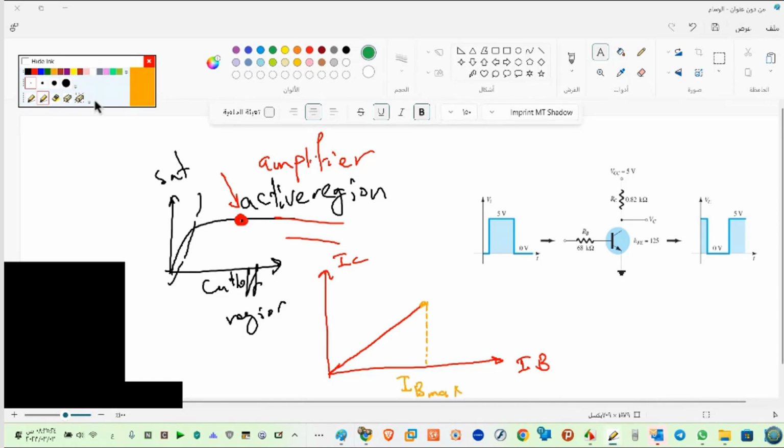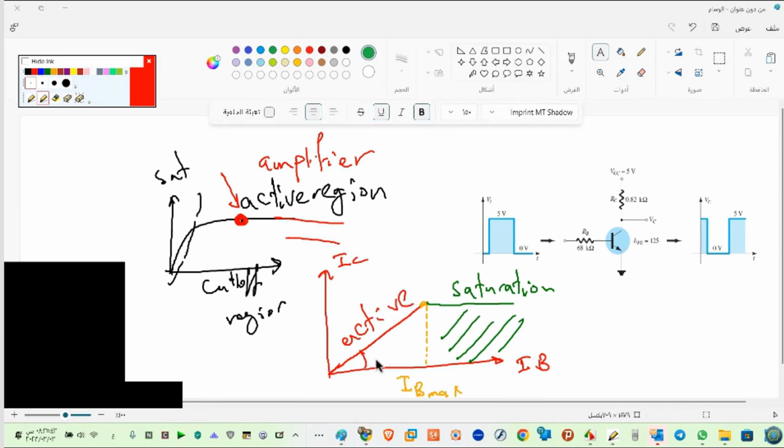After that, IB increases, IC will be constant. So this area is called saturation. It's not in your book. This area is active, and here is beta: IC equals beta IB.